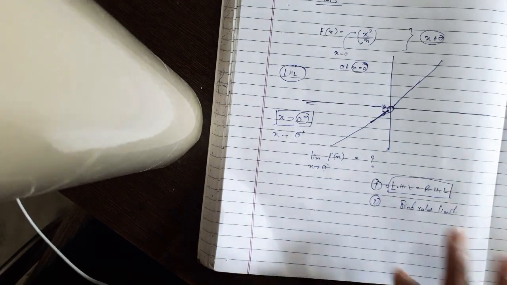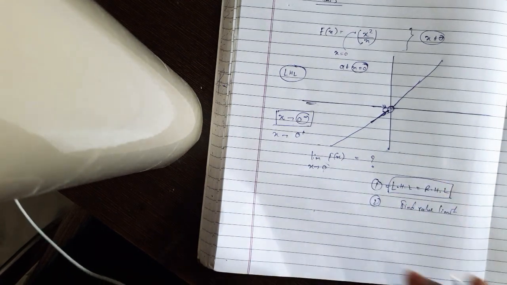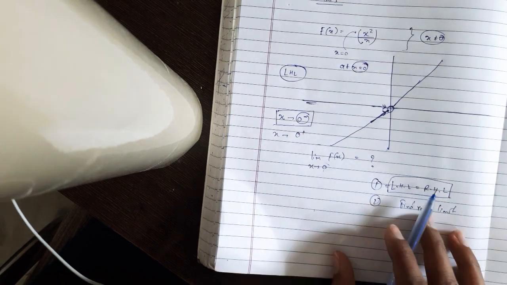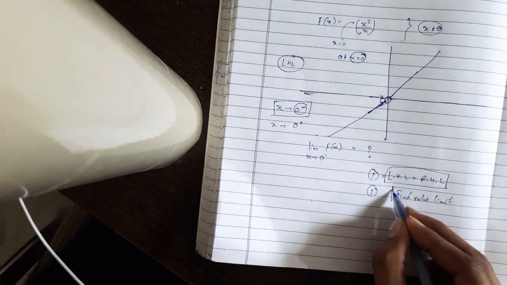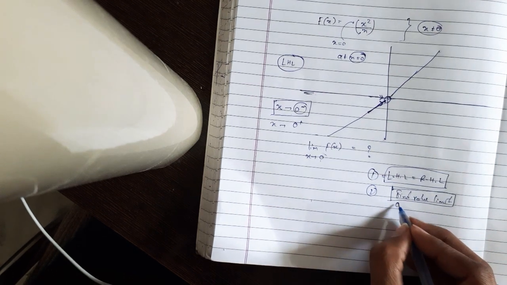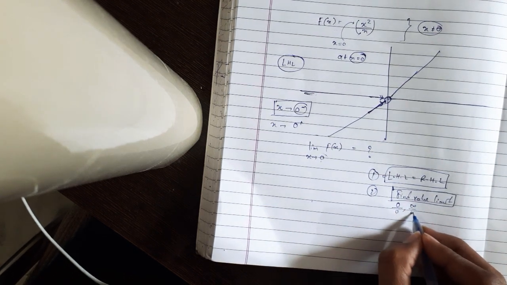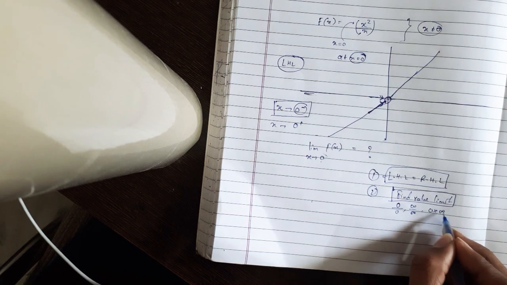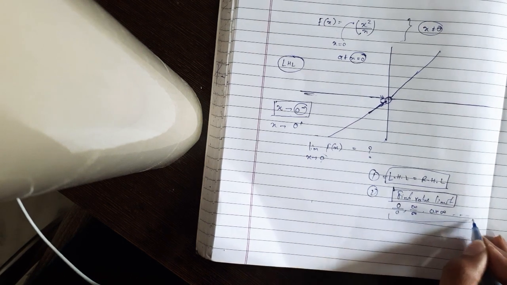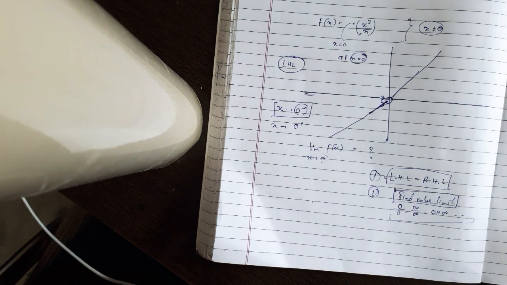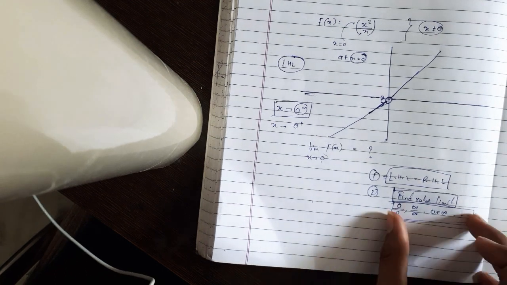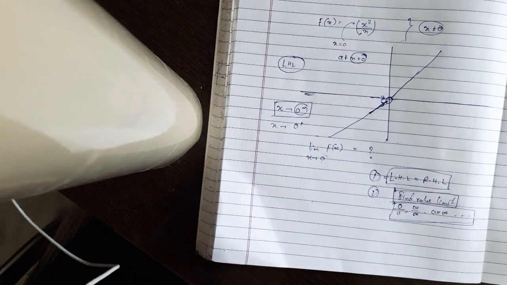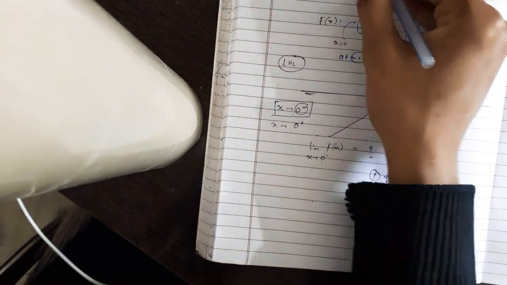To find a limit, we have many formats like 0 by 0, infinity by infinity, 0 into infinity. There are 6 or 7 types, and we have different methods to solve each type. We will discuss all of that in the next video. I'm just sharing the basic concepts of limits.